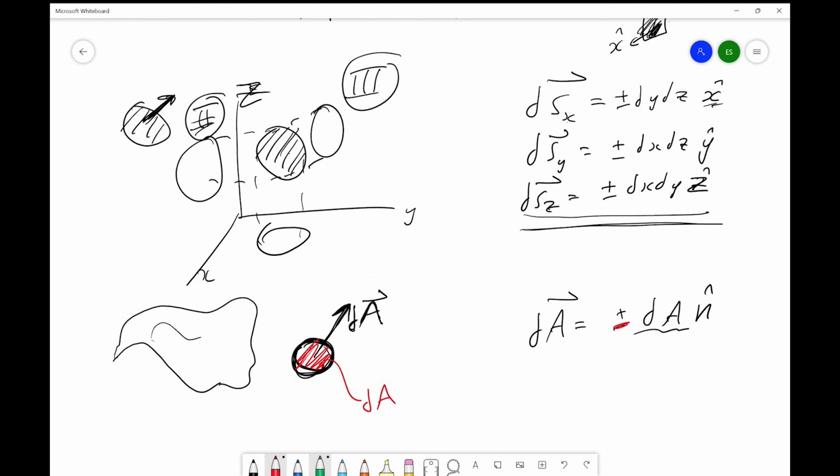So n is this unit vector that's pointing in the orientation of the area. This is the way of representing any general area. Any general oriented small area disk can be represented as a magnitude and a direction. The magnitude of this vector encodes the area of this really tiny segment, and the direction encodes the orientation of this tiny segment.